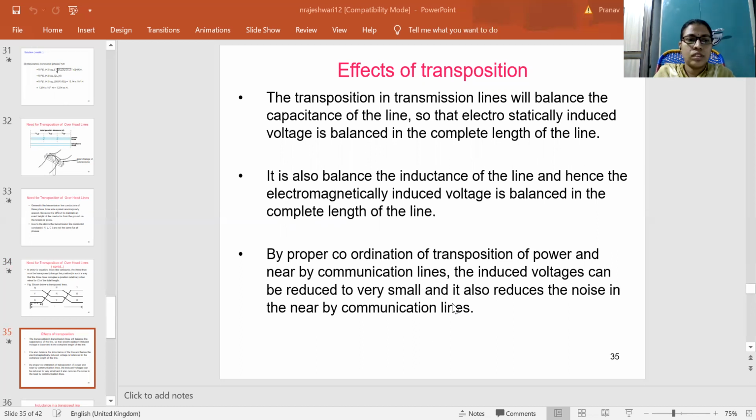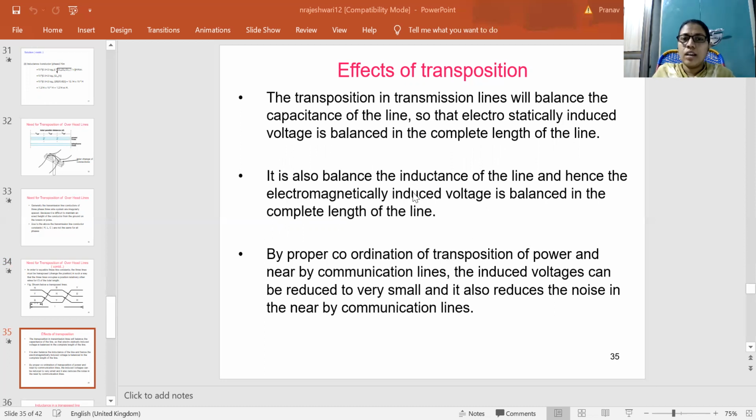By transposition, we get a balance of the capacitance of the line, so that the electrostatically induced voltage is balanced in the complete length of the line, and it also balances the inductance of the line. So the electromagnetically induced voltage is balanced over the complete length of the line.